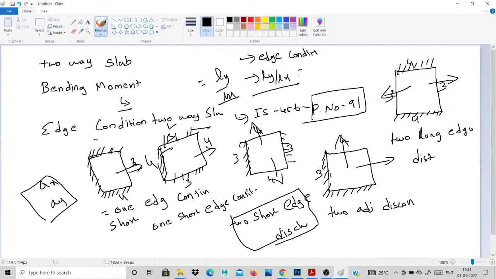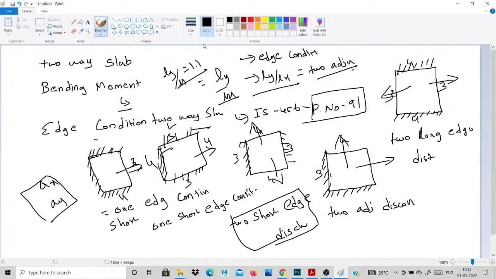My slab has two adjacent edges discontinuous. My Ly by Lx value is 1.1. I take my short span moment, long span moment, and the support moments also. The four moments I will take for my building, shorter span and longer span moments.